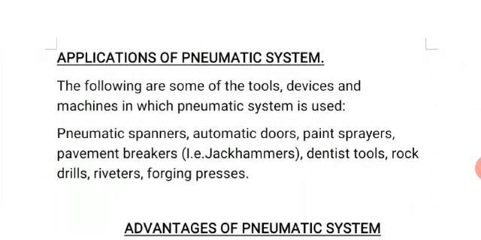Among them are pneumatic spanners, automatic doors, paint sprayers, pavement breakers, also known as jackhammers, then dentist tools, rock drills, riveters and forging presses. Those are some machines and tools that use pneumatic system as the major operating system.